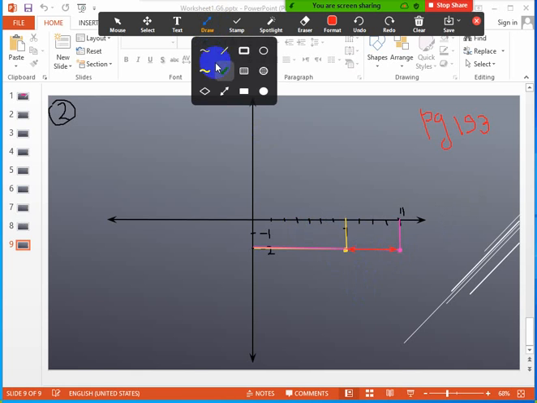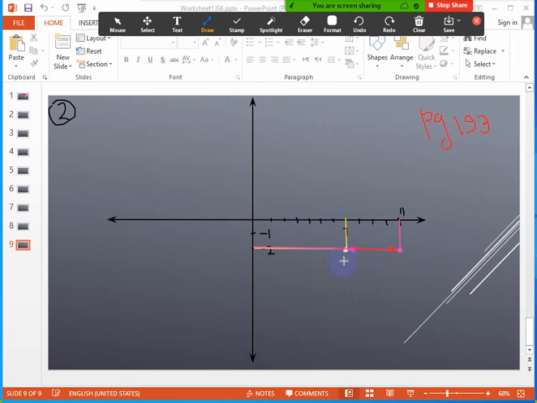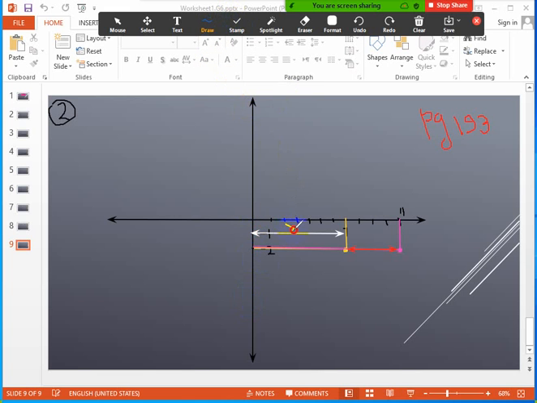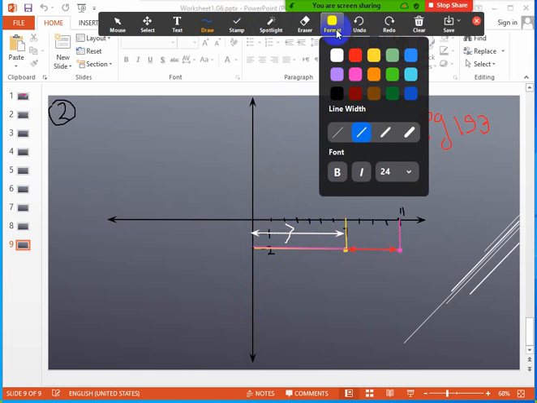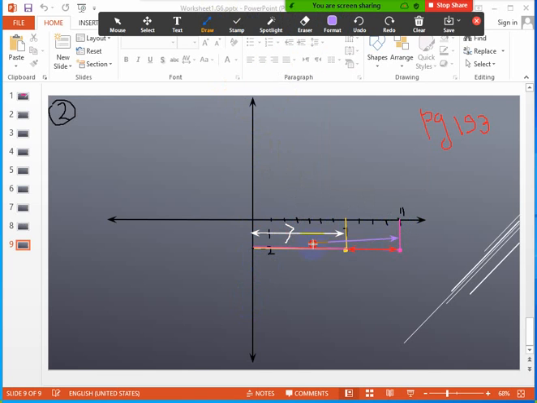The coordinate for the first point is 7 according to the x. And the coordinate for the second point, the x coordinate, is 11.